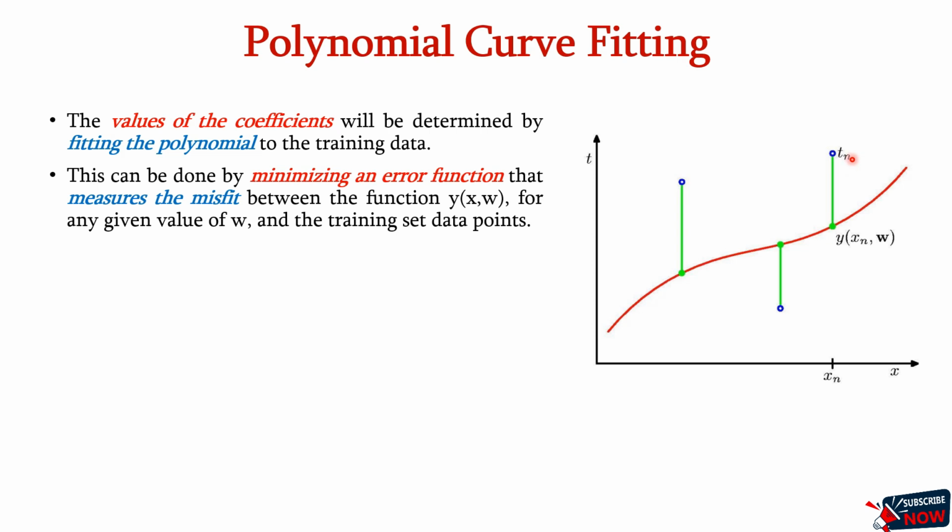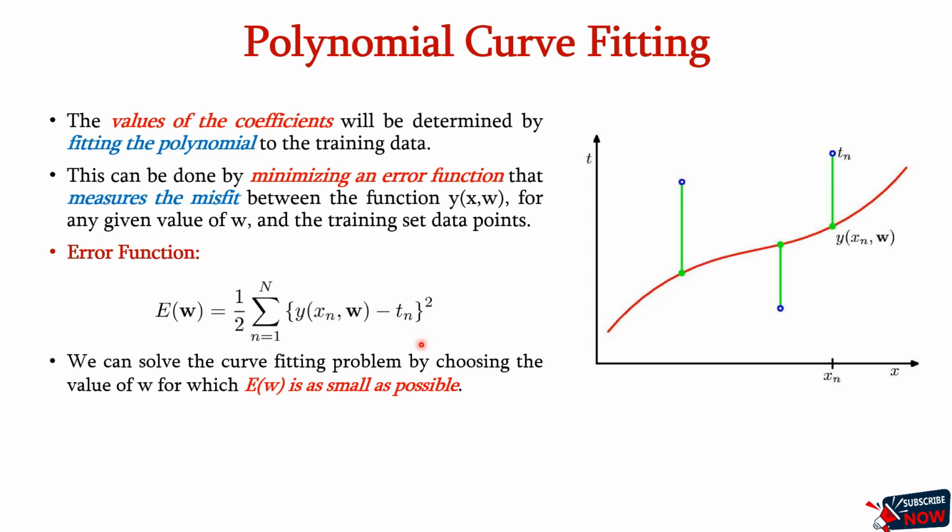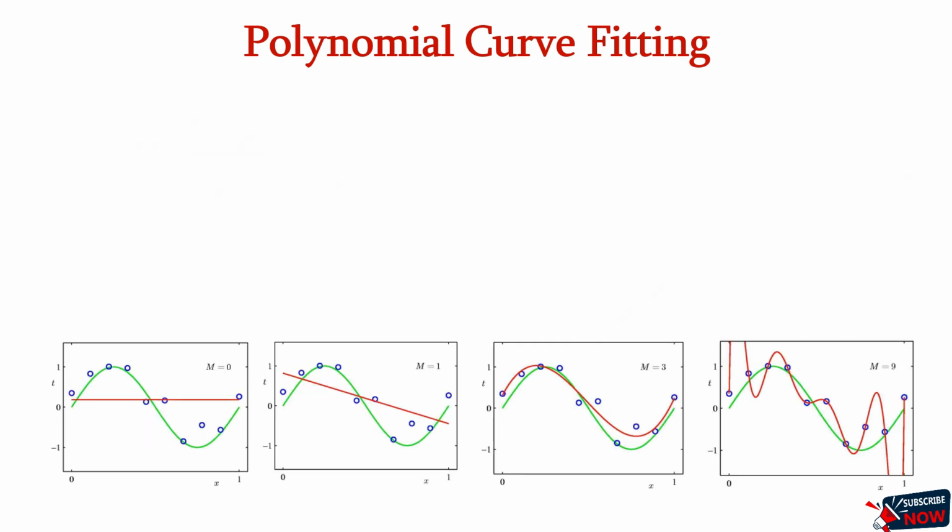So we have to minimize the error between these two values. This can be done by using the error function, which is nothing but the sum of squared error between the predicted value and the target value. So we have to choose the value of w such that E(w) is as small as possible. The resulting polynomial is given by the function y(x, w*).